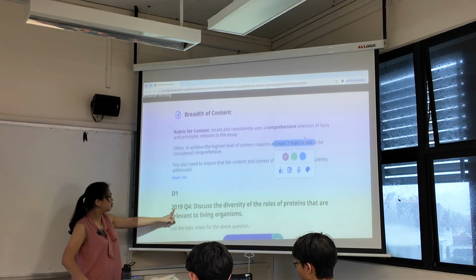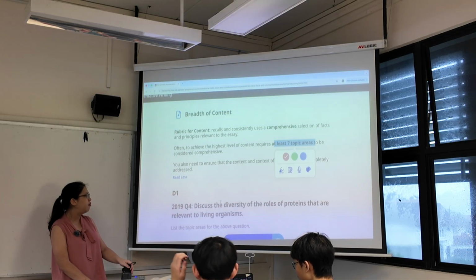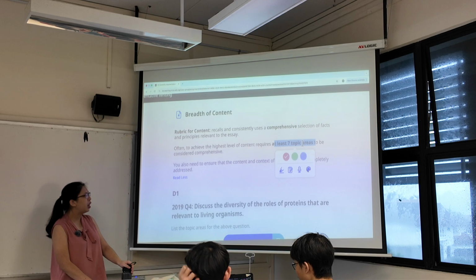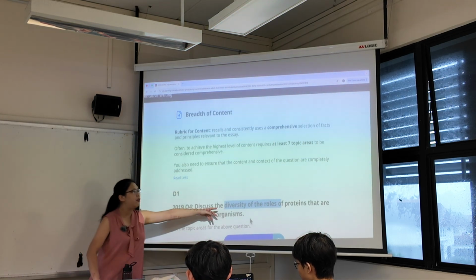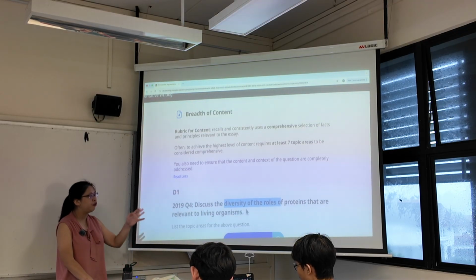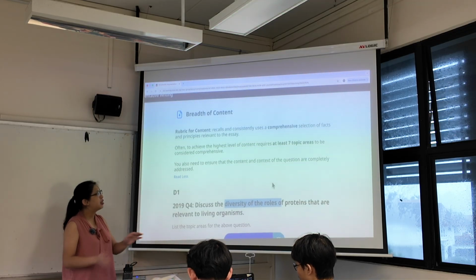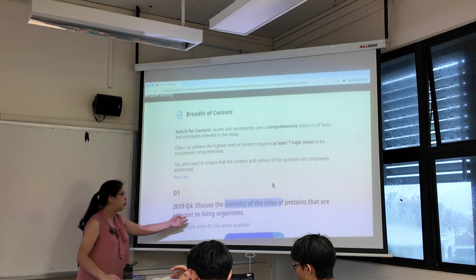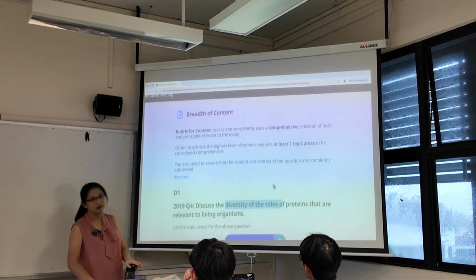For example, this first question is how the diversity of roles of proteins that are relevant to living organisms. So the topic area is based on the topic of the question, which is the diversity of roles of proteins. You need to give me different types of roles of proteins, and you must have at least 7 different types. They must be from different living organisms. Basically, that's the first question.